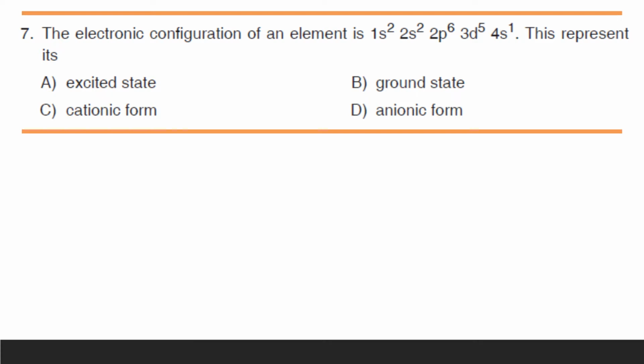Now when you look at 3d5 4s1, both the d and the s configurations are half filled. And it is well known that half-filled and fully filled orbitals are extremely stable. So maybe this electronic configuration corresponds to the ground state of the atom. Therefore, the correct option is found to be B.